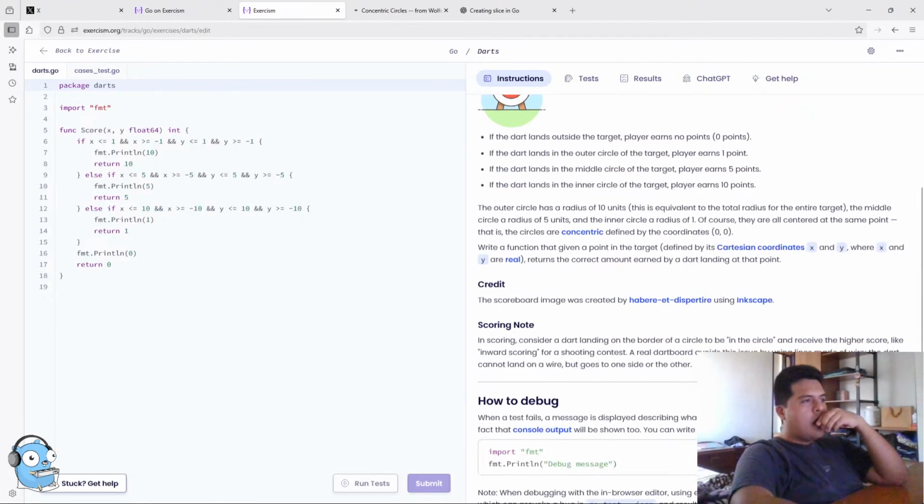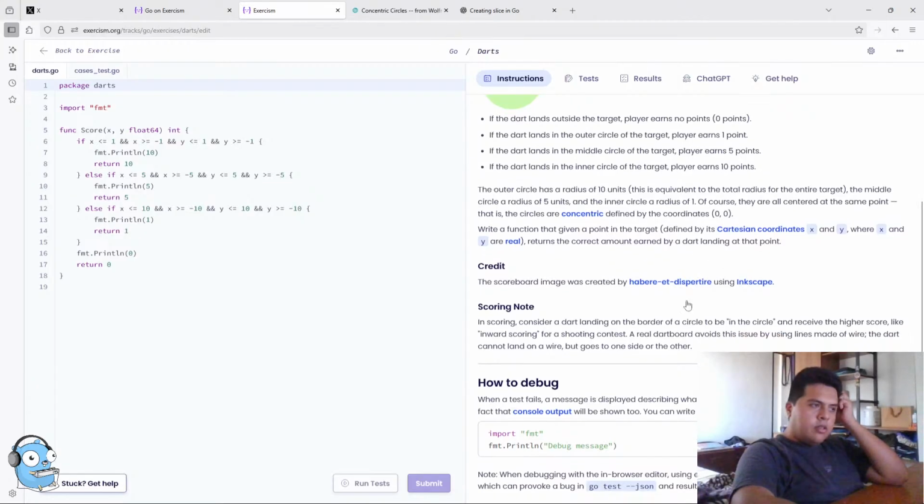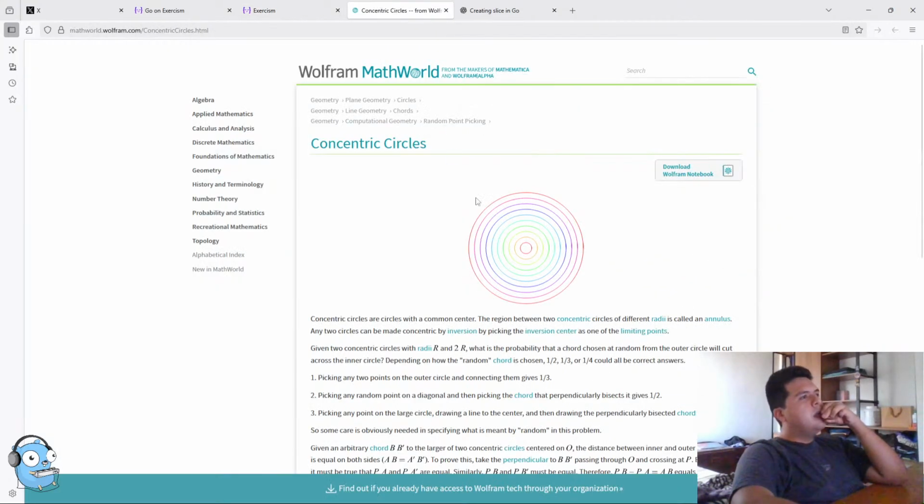In scoring, consider that a dart landing on the border of the circle to be in the circle and receiving the higher score, like inward scoring. Also, okay.